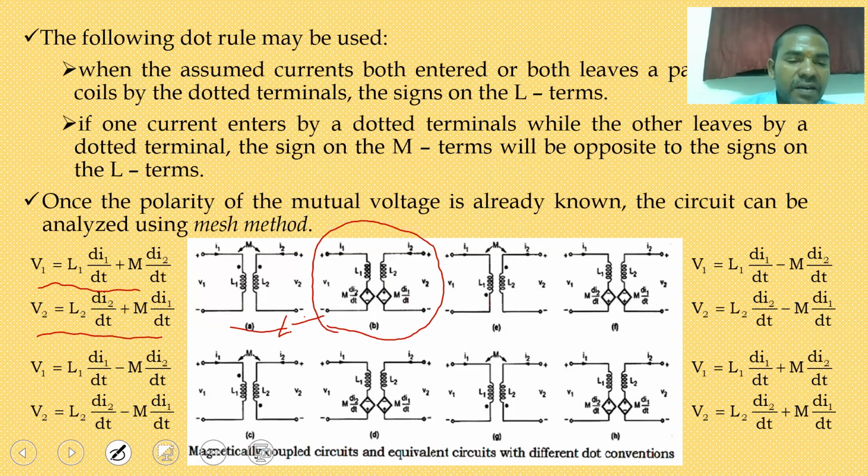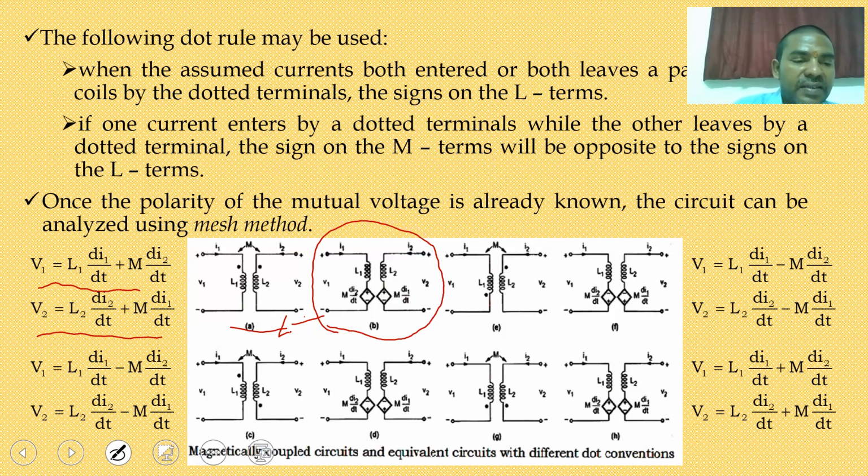So coming to the second one, figure C. If you take figure C, I1 current is entering towards the dot, but I2 current is leaving towards the dot. So that means this mutual inductance is negative.